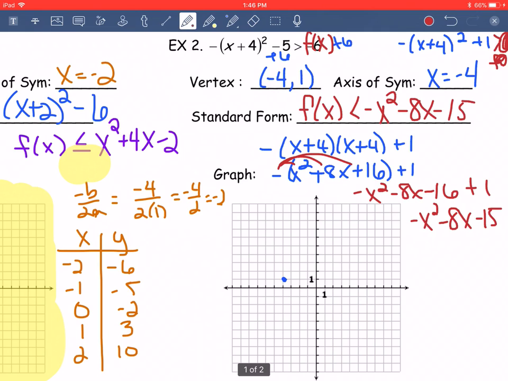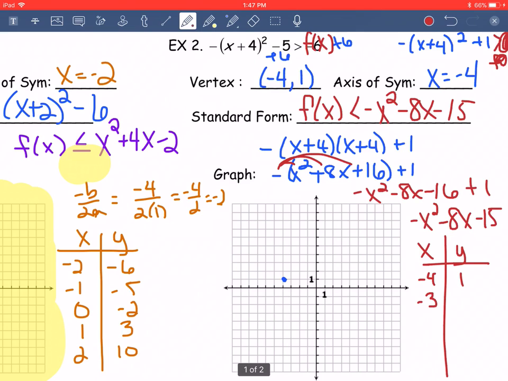So I need to plot the rest of these points. So I'm going to put negative x squared minus 8x minus 15 in the calculator. I'm going to pull my table. So let's see here. So I know my vertex is negative 4, 1.